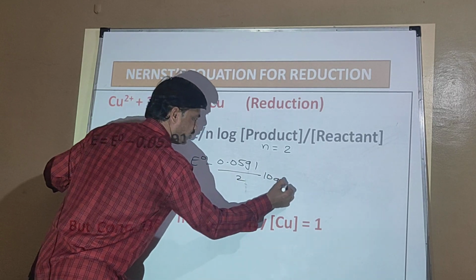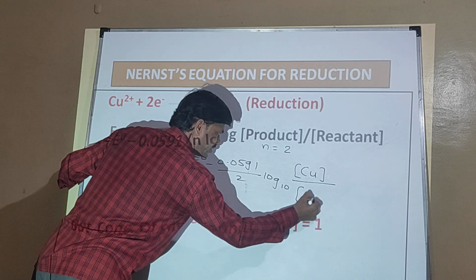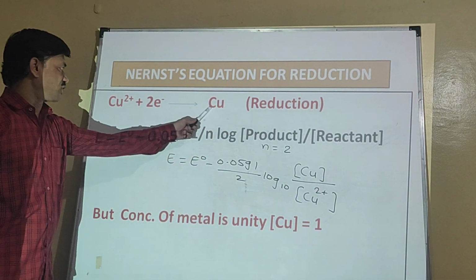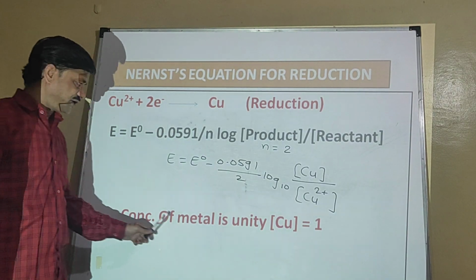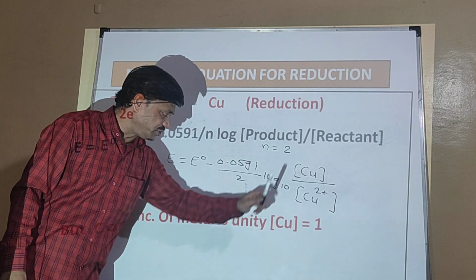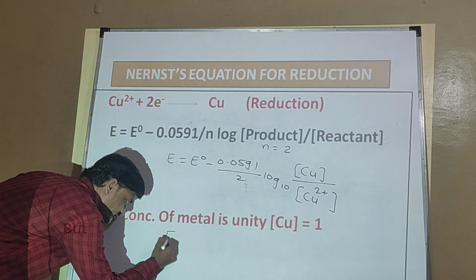What about the ratio? Log. What is the product here? Metallic copper. What is the reactant? Cu+2 ion. So this is what ratio? Product upon reactant. Once again, what is our condition? Concentration of pure metal is unity. So if the metal copper concentration is taken to be 1, what should be the last step in this case?